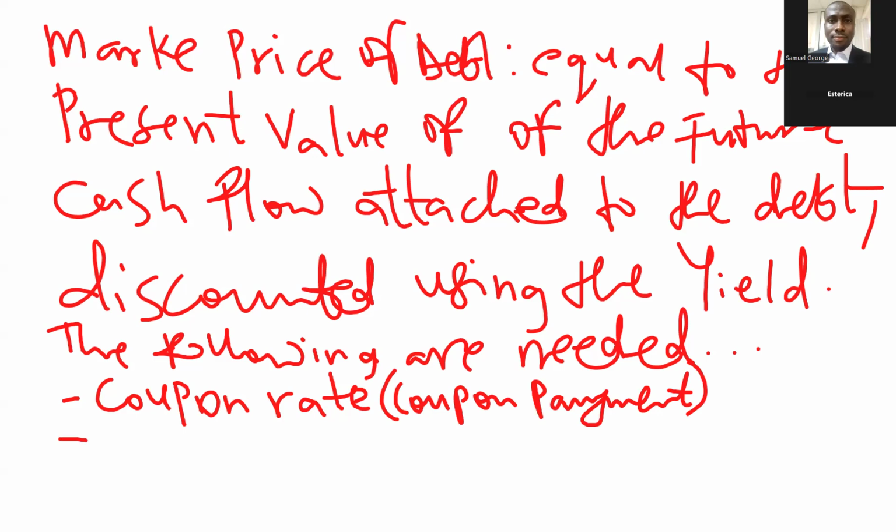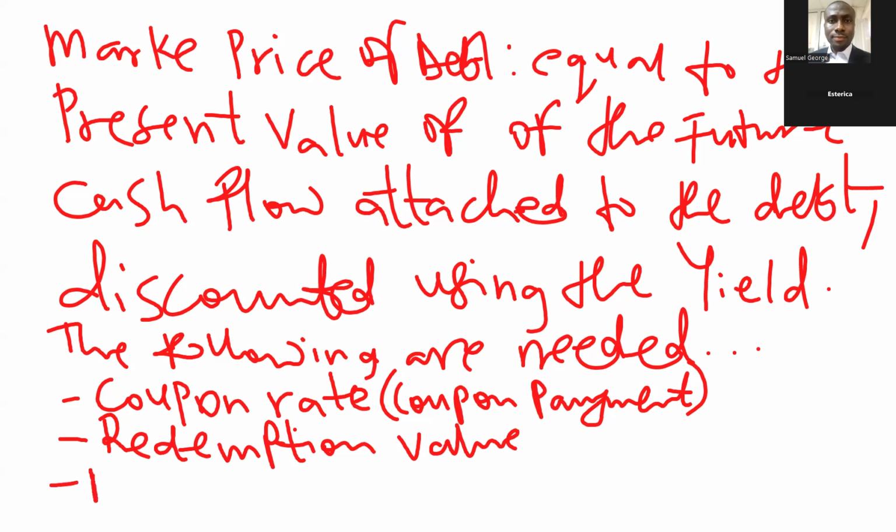Second is redemption value. When the bond you bought from Geregu Power finishes, they will return your money back to you. At what value are they going to return your capital? That's the redemption value. Then we need the maturity period.